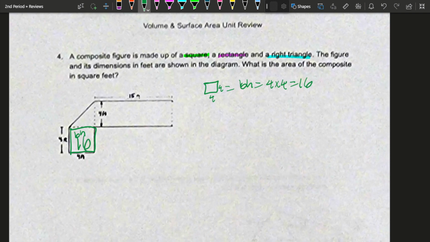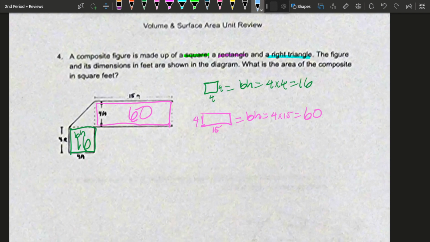Then the next easy one is going to be my rectangle right here. How tall is the rectangle? 4. And how wide? 15. Again, same formula, base times height, which is 4 by 15, which is 60. 60 right there.